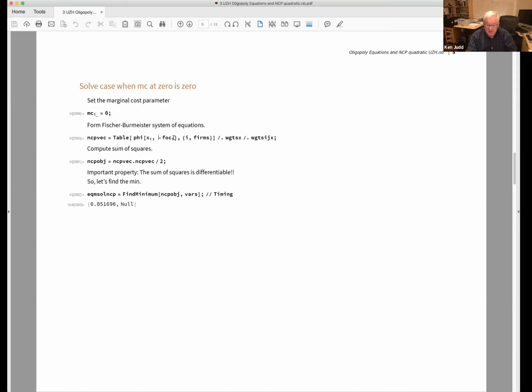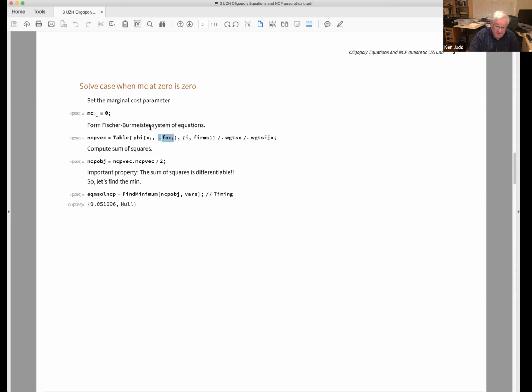Because what you know here is that a firm may be stuck at 0 output because its marginal profit of increasing output is negative. So this is a natural condition. If it's going to be 0 output, then the first order condition has to be negative, which means that in a nonlinear complementarity problem, the negative of the first order condition has to be positive.